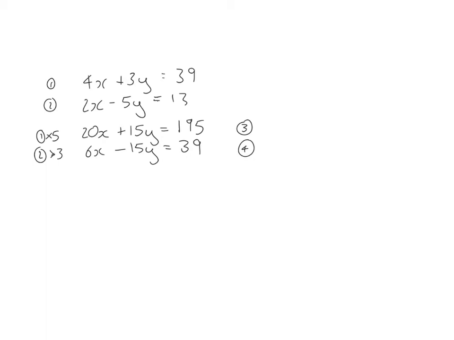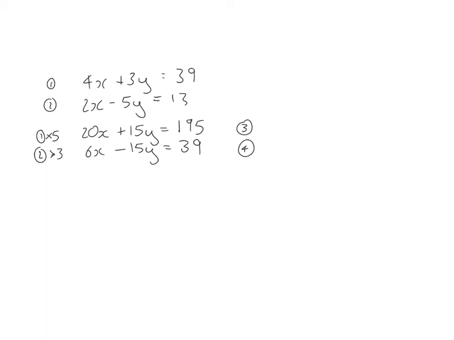What do you think I have to do to combine those two equations to get rid of the y's? How am I going to cancel them out? Yes, add them together.